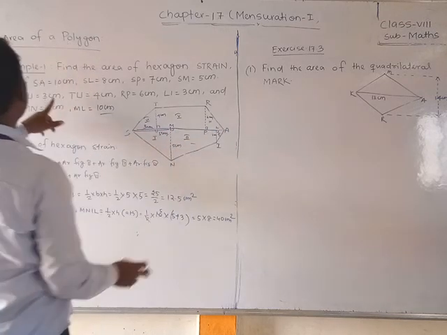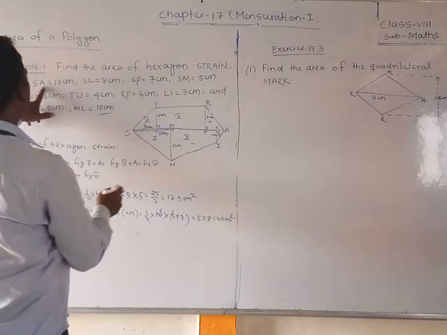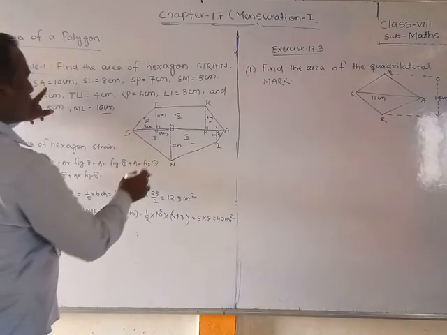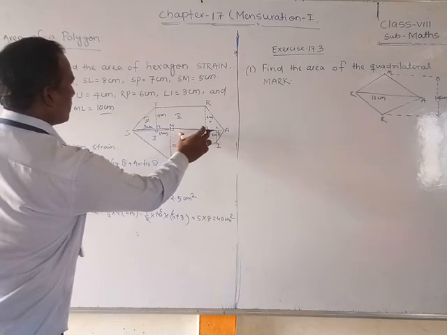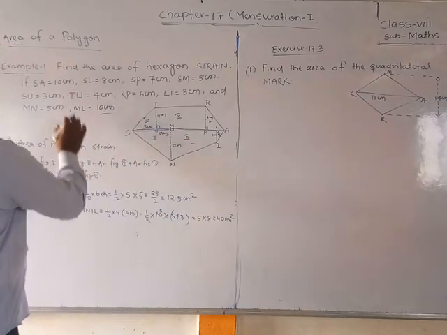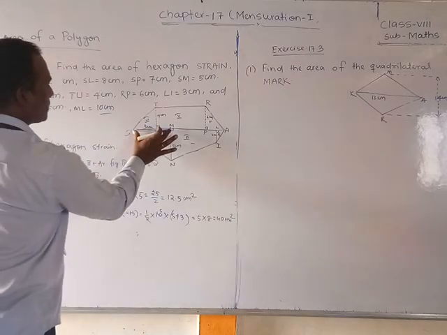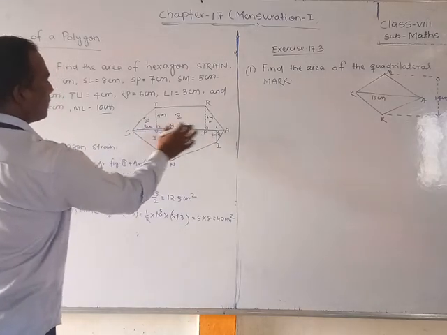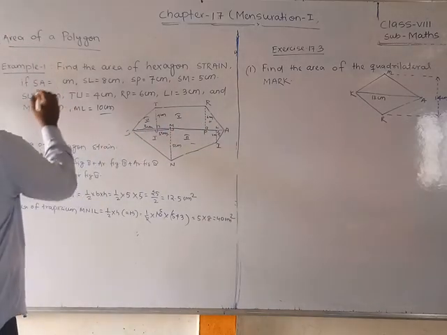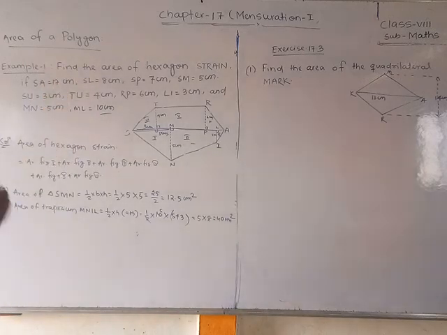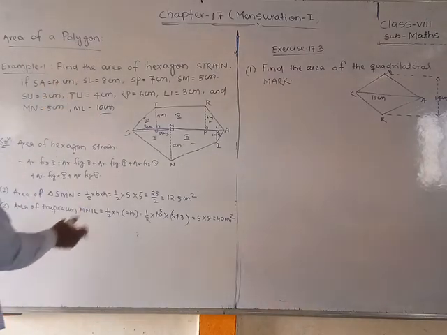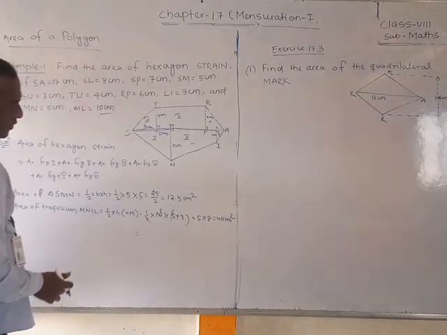SA is there, 10 centimeter. ML we have written as 10 centimeter. So we can change it, this is 5 plus 10, 15 plus 2, 17. Then we can adjust for that. I'll change the question. So what will happen now?